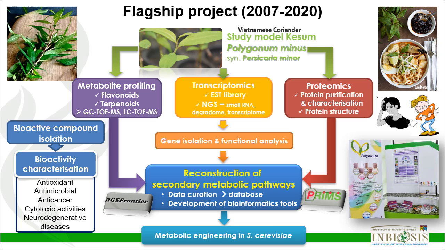We have done a lot of metabolite profiling on flavonoids and terpenoids using GC-MS and also LC-MS. And all these are combined for the reconstruction of secondary metabolite pathways through data curation in databases, also development of bioinformatics tools such as PRIM and NGS Frontier. We also developed Polygonum oil as an essential oil for fragrance with health benefits.